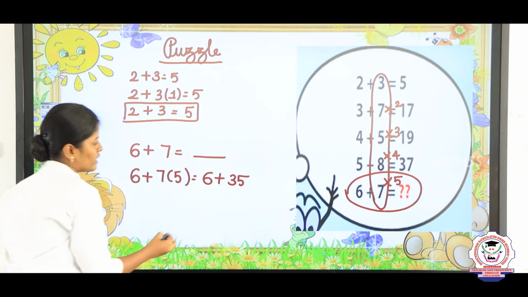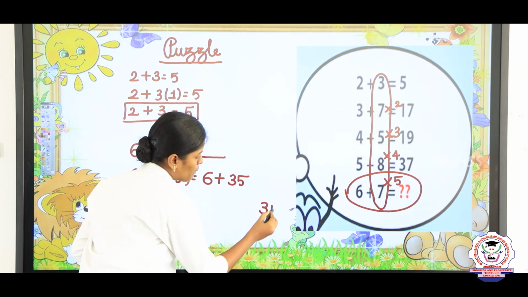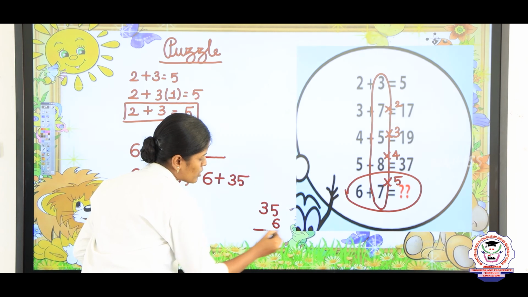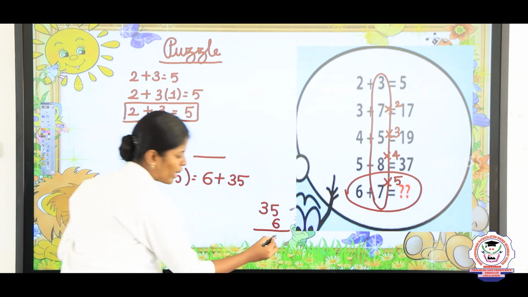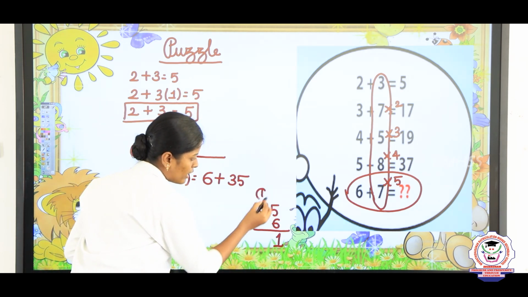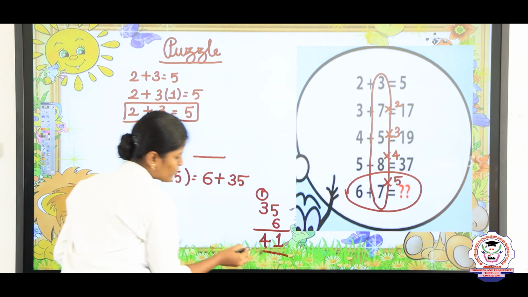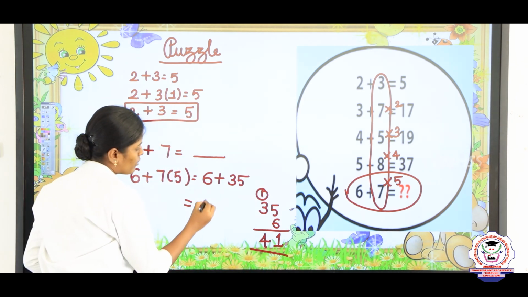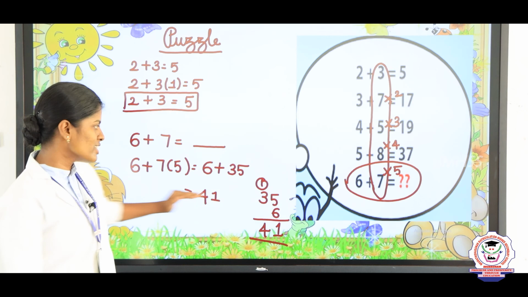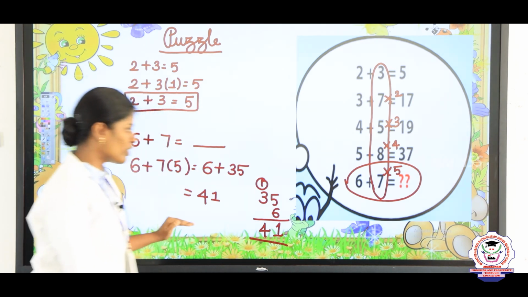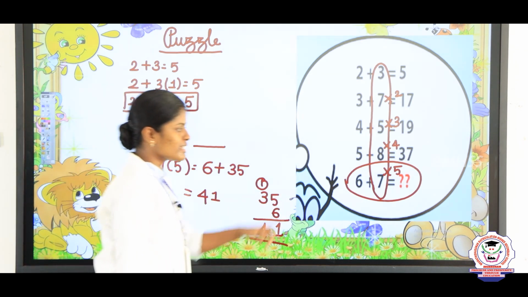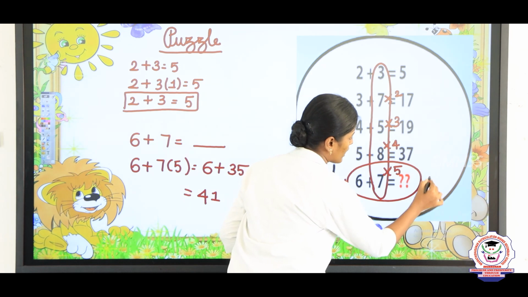Now we are going to add this. Take 35 plus 6. So the answer is 11, write 1, carry 1, and 3 plus 1, the answer is 4. So write the answer 41. So listen children, finally we get the answer 41. So 6 plus 7 equal to 41.